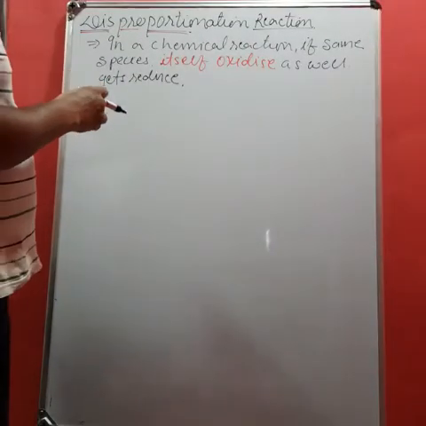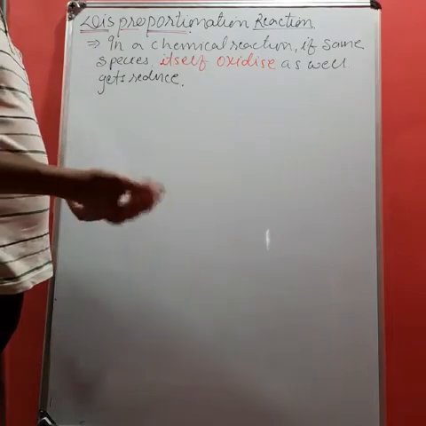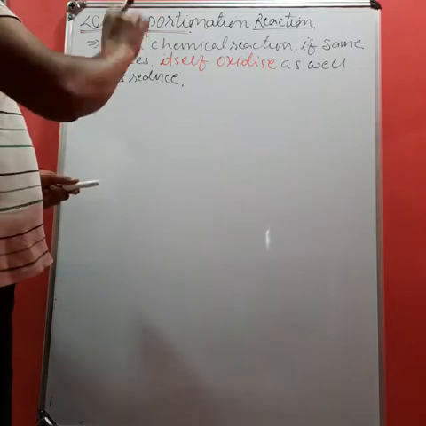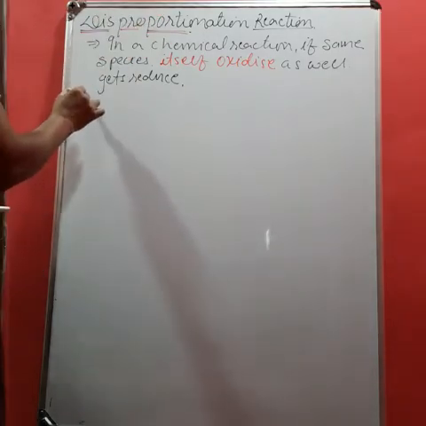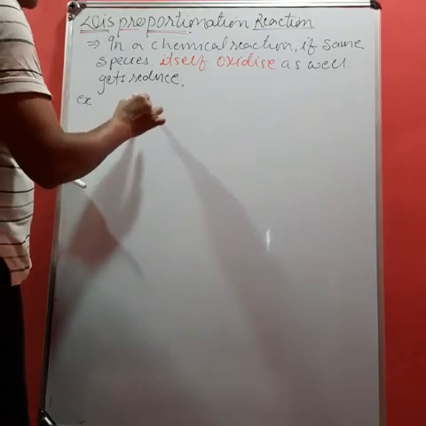Now, how is it possible that the same species is getting oxidized as well as reduced? This is on the basis of redox reaction. Again we can check an example, like hydrogen peroxide, H2O2.